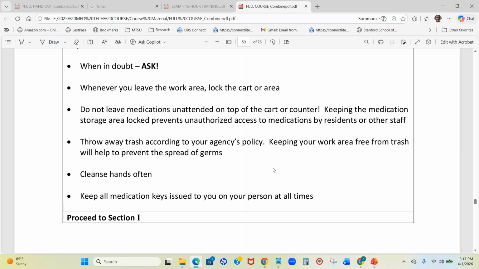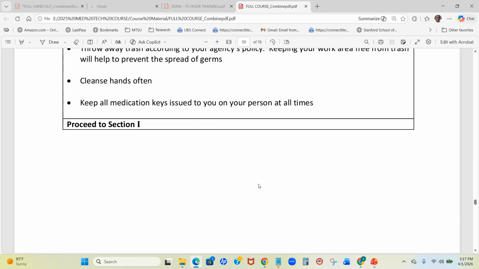Do not leave medication unattended on top of your med cart or the counter. Keep the medication storage area locked to prevent unauthorized access to medication by residents or other staff. Throw away trash according to your agency policies. Keeping your work area free from trash will help you prevent the spread of germs.